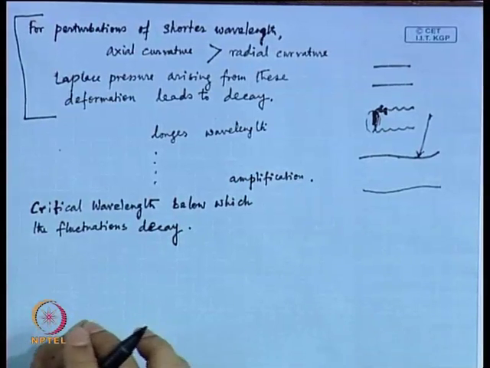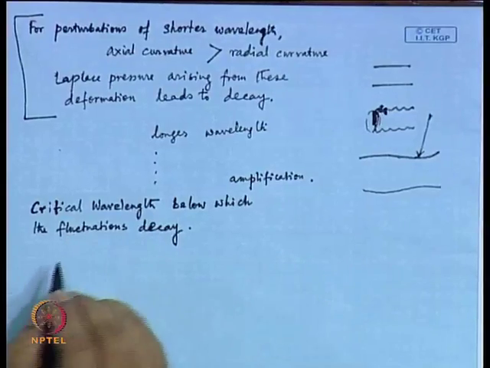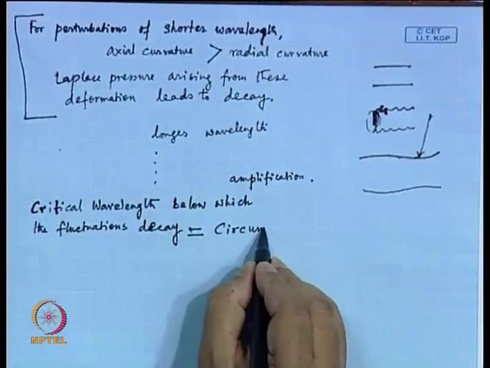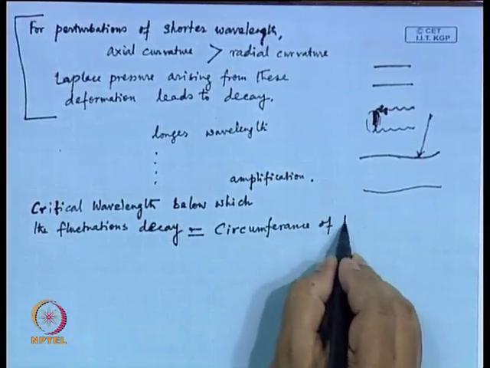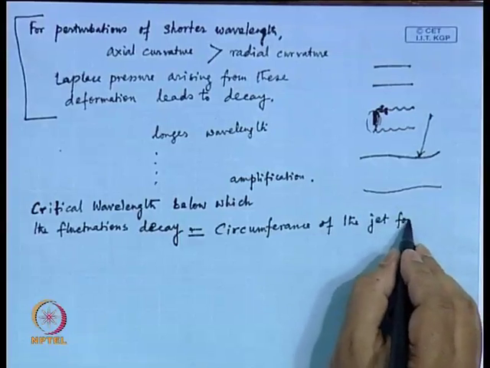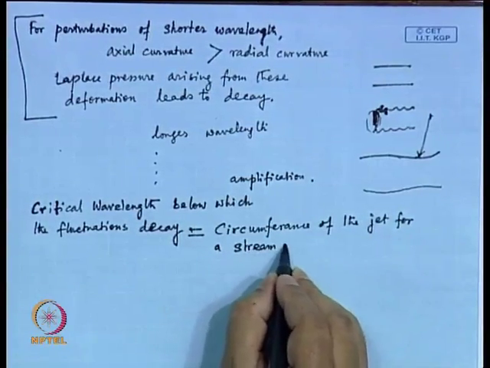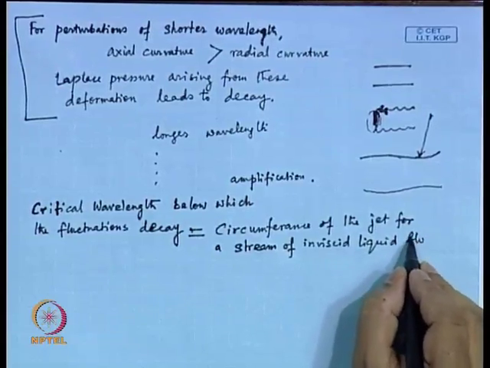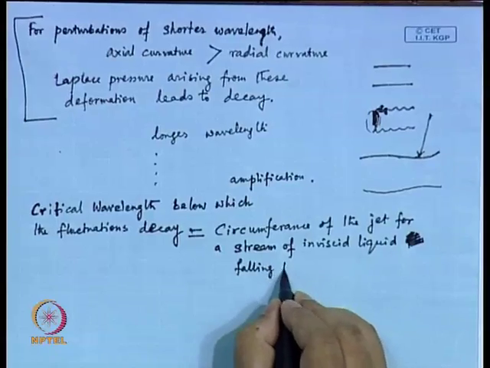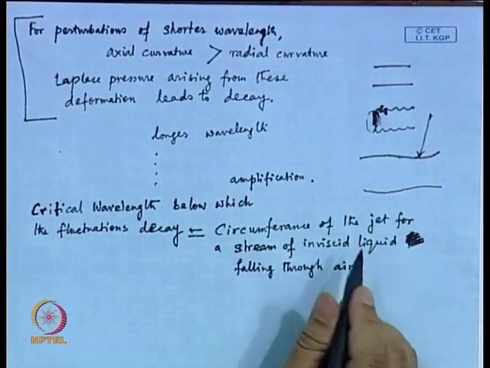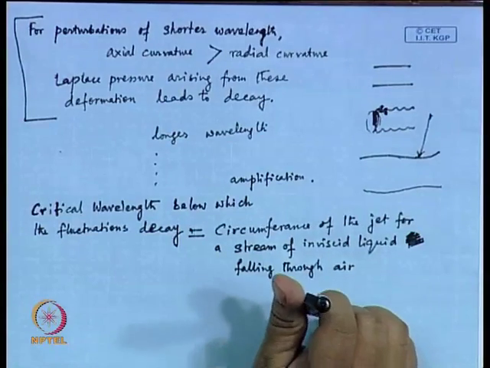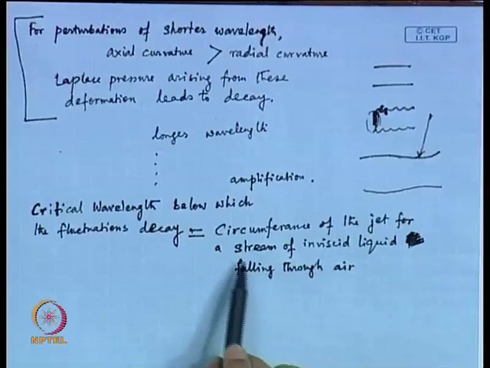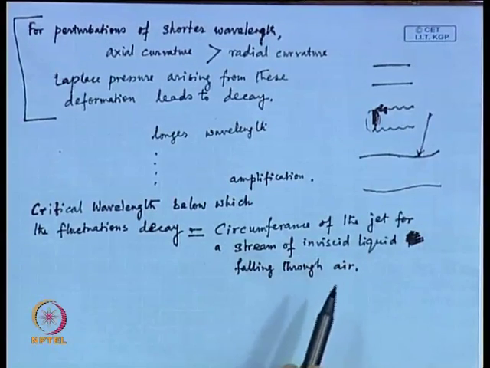This is referred to as Rayleigh-Plateau instability, and it has been derived that the critical wavelength below which the fluctuations decay is equal to the circumference of the jet for a stream of inviscid liquid falling through air. So, the critical wavelength below which the fluctuations decay, for a stream of inviscid liquid, is equal to the circumference of the jet. Okay.